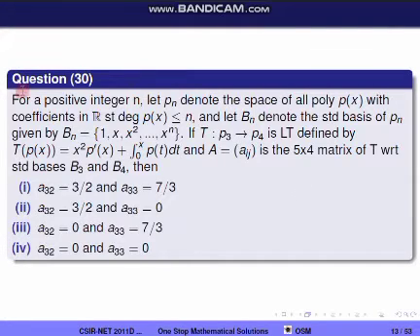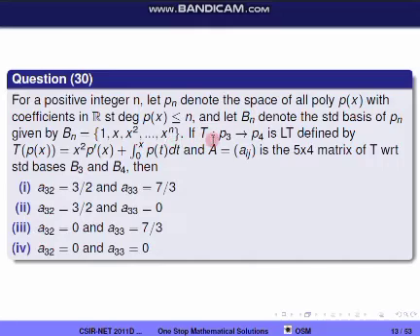Question 30. For a positive integer n, let Pn denote the space of all polynomials p(x) with coefficients in R such that the degree of p(x) is less than or equal to n, and let Bn denote the standard basis of Pn, given by Bn equal to the set {1, x, x square, and so on up to x^n}.